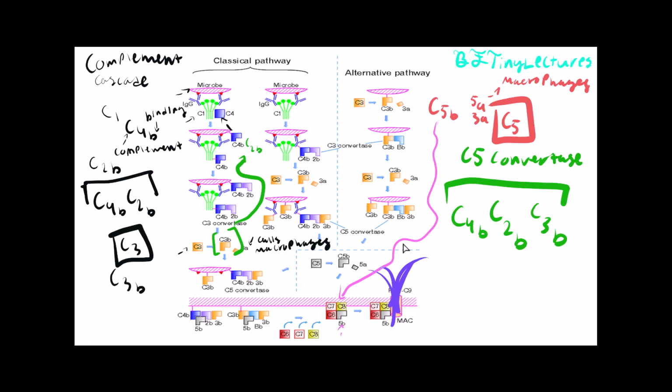And so that is called fixing complement. That is the complement cascade. And this whole process right here, this little tube that we made, is called the membrane attack complex.